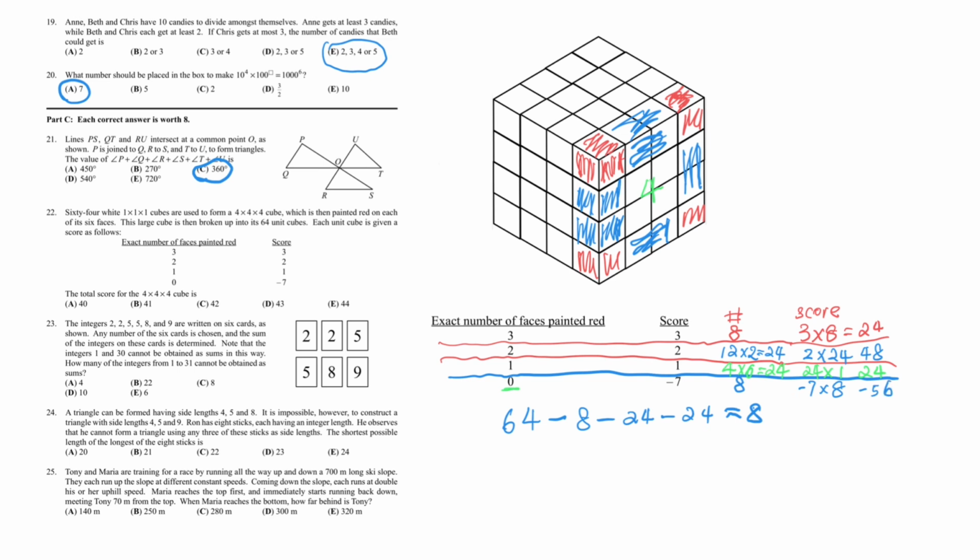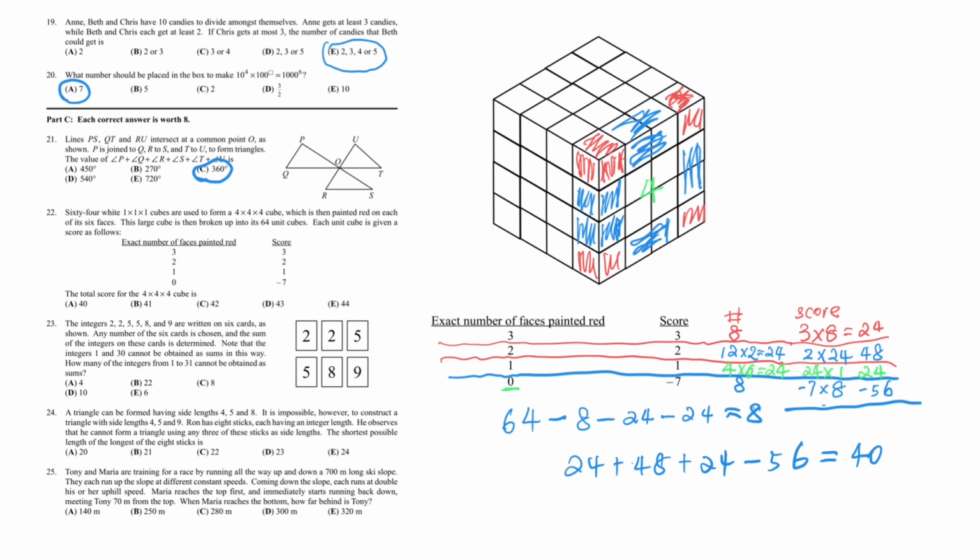So add all of the scores together: 24 plus 48 plus 24 minus 56. That's 40. So the total score of the 4x4x4 cube is 40.